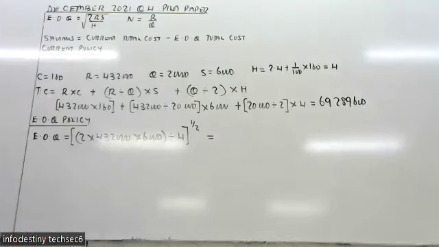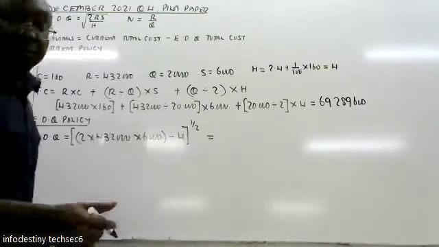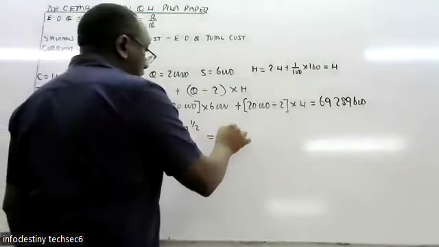I hope those who are online are able to see it there. How much does it come to? Now 6,000. Okay, that's 6,000 units.